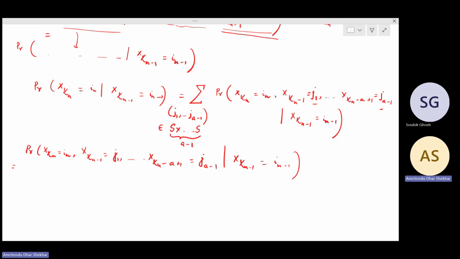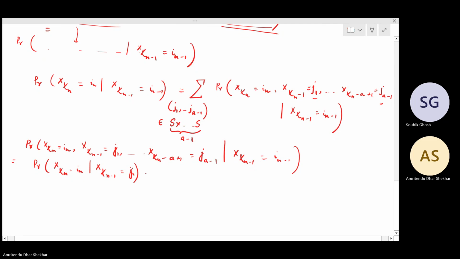This is equal to the probability of x_{k_n} = i_n given x_{k_{n-1}} = j_1, times basically the probability of x_{k_{n-1}} = j. Yeah, so you can understand how we are getting this.